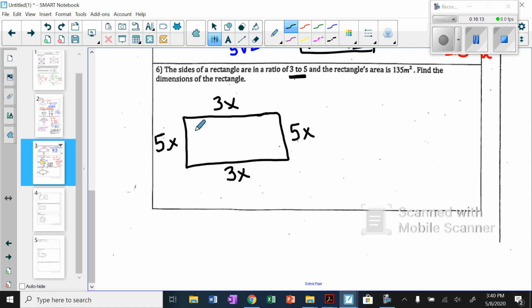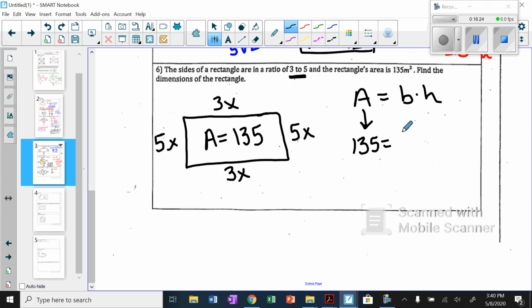It says the area is 135. So the area of a rectangle is base times height. Well, for the A, I'm going to say 135 equals 3x times 5x. We're going to multiply these together. 3x times 5x, do not tell me 15x. It's 15x squared.